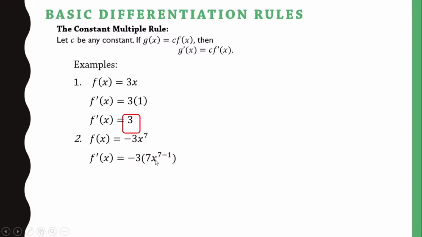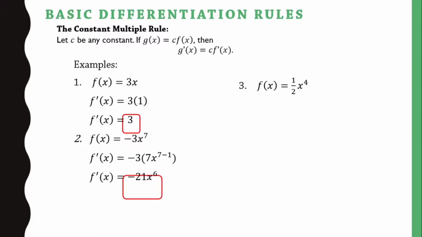Simplify what is inside the parentheses first. That will be 7x raised to 6. So we multiply negative 3 and 7, that will give us negative 21. Then we have x raised to 7 minus 1, that's x raised to 6. So the derivative of negative 3x raised to 7 is negative 21x raised to 6.